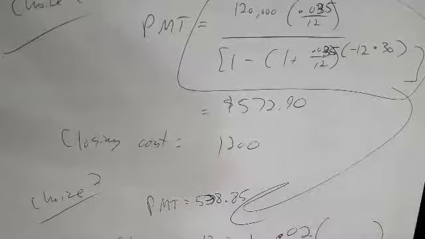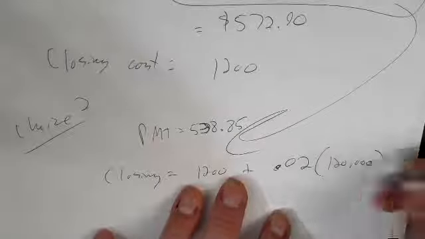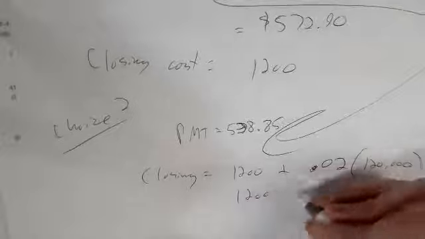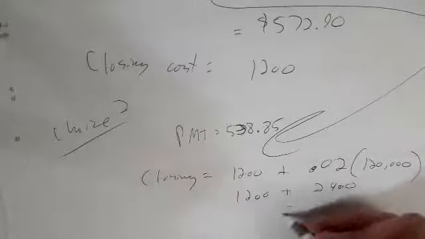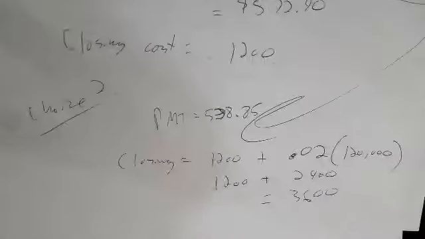It'll be of the loan amount. So our loan amount is the 120K. So what this looks like is that I'm getting 1,200 plus the 2,400. So this should give me 3,600 closing cost.